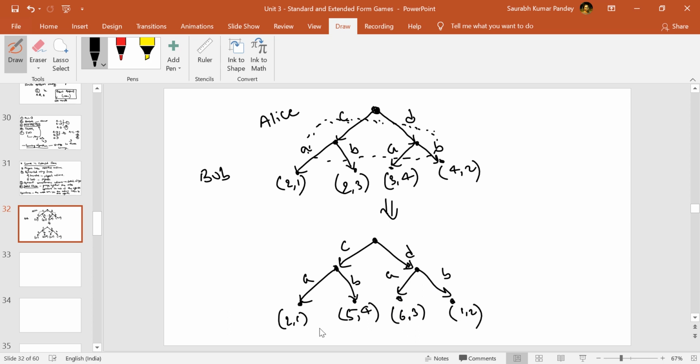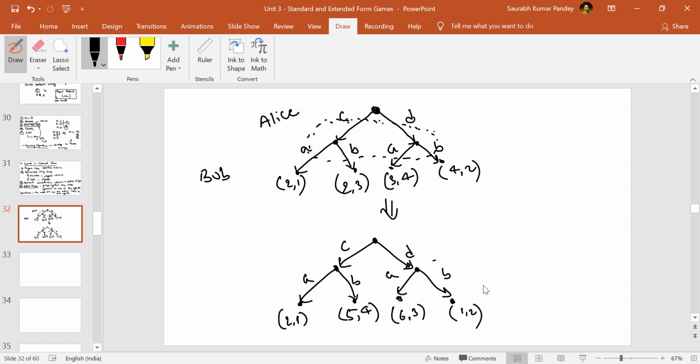Now here I have excluded the dotted ellipses. So what is happening when we exclude the dotted ellipse? In extended form games, if we try to eliminate the dotted ellipse, then your problem is the same as the minimax algorithm. It will be equivalent to the minimax algorithm.